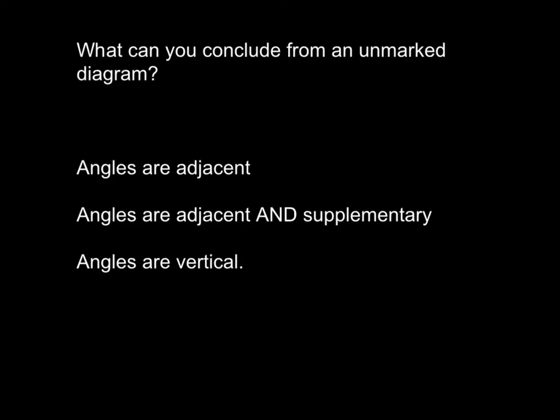If you have two angles which are formed like this, you can always assume that these two angles are vertical and that these two angles are vertical. In the picture I have here, you can see that this adjacent pair here, you can assume they're adjacent and supplementary because they form that straight line.